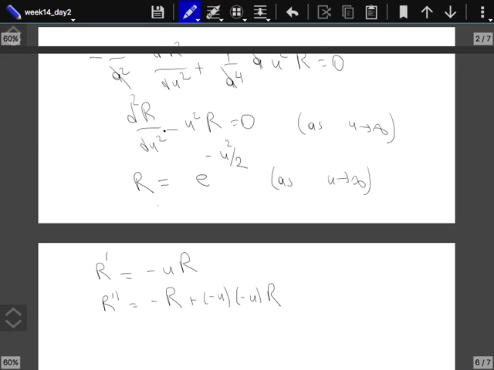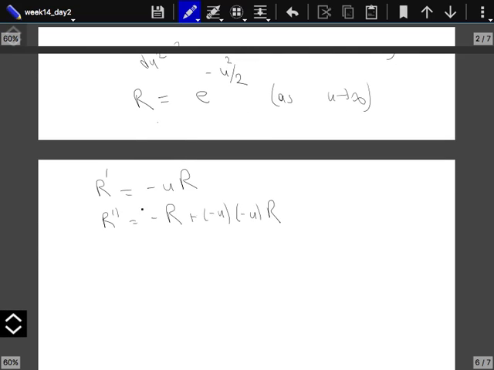You see, R double prime minus u squared R is equal to minus R.